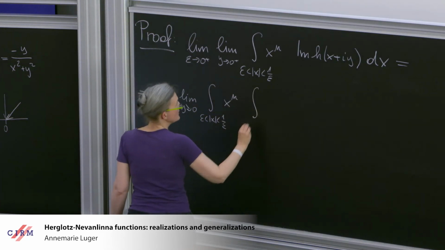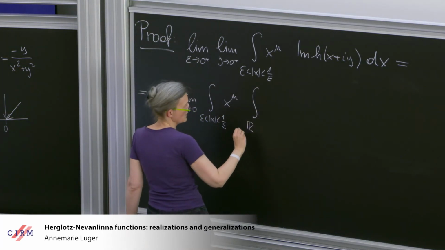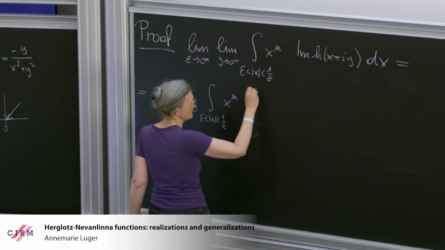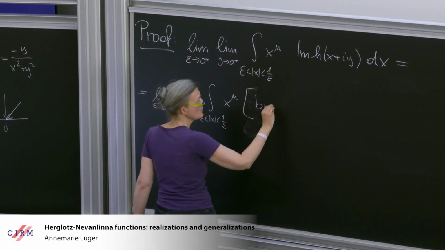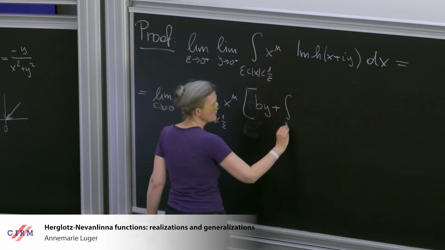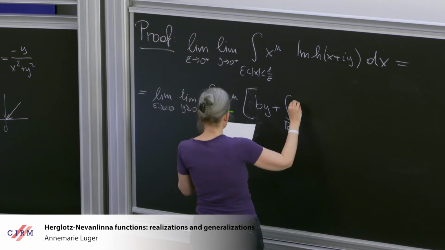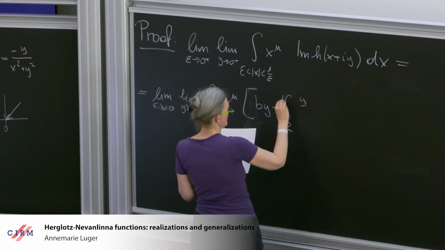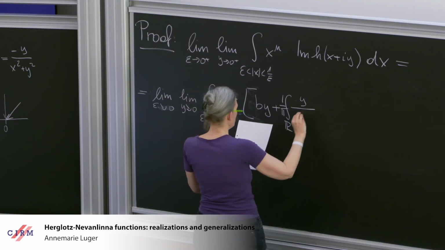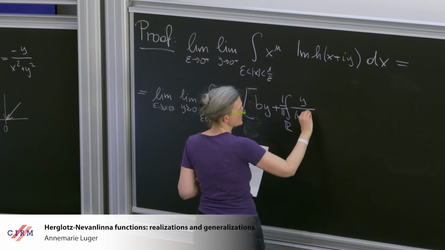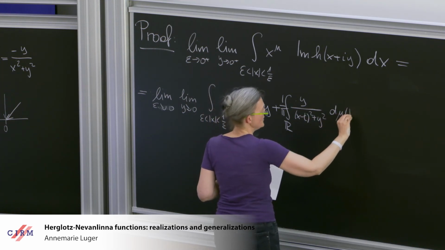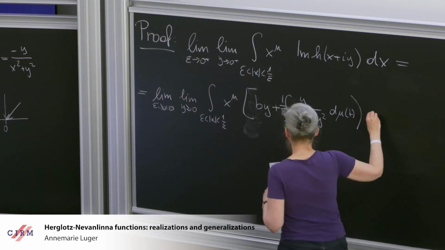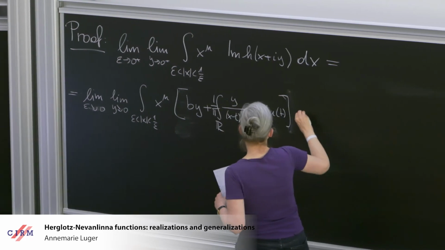And then we have this integral. The imaginary part, first we have what's coming from the linear term, plus the integral part, which is 1 over pi y divided by x minus t squared plus y squared d mu of t, and then dx.